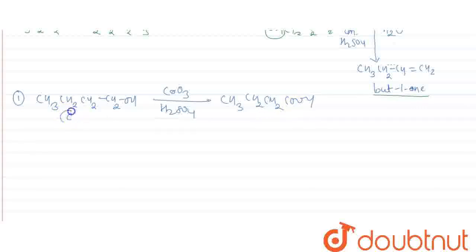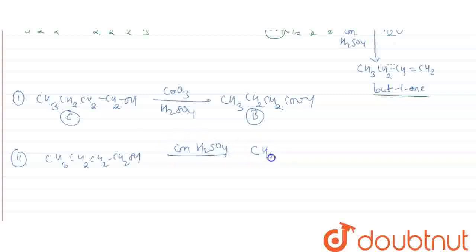So it is our C, and on oxidation it will form B. Now the second reaction given was when this alcohol is dehydrated using concentrated H2SO4, okay, it forms the alkene. Okay, this was the but-1-ene. Okay, so these are the reactions.